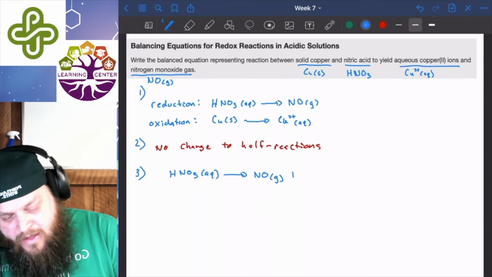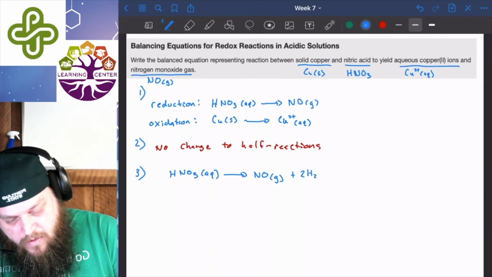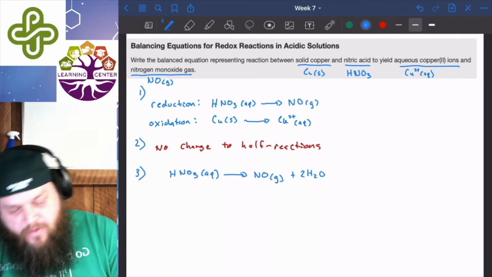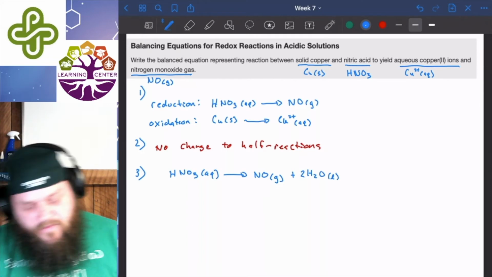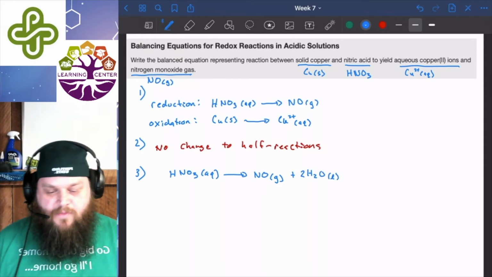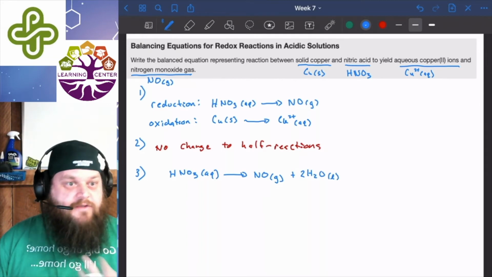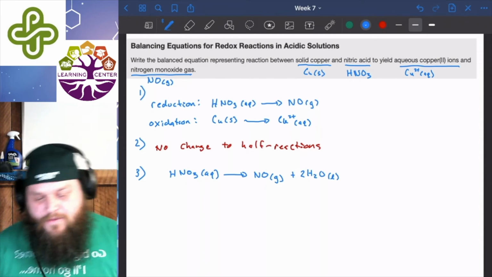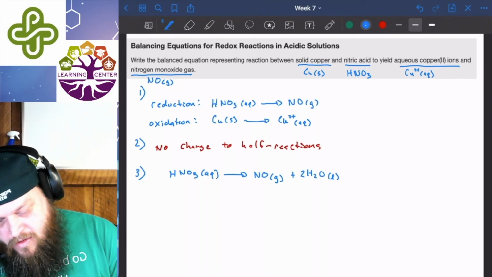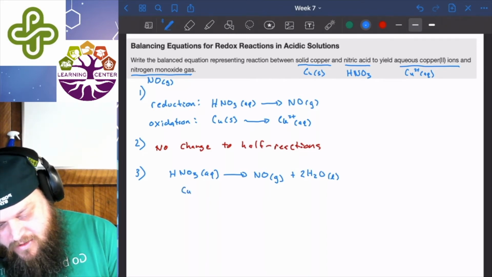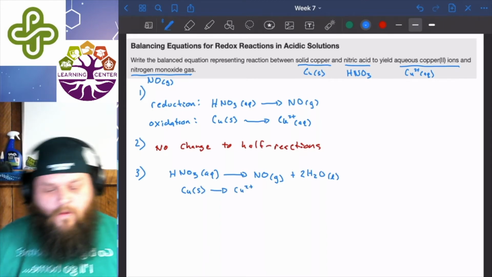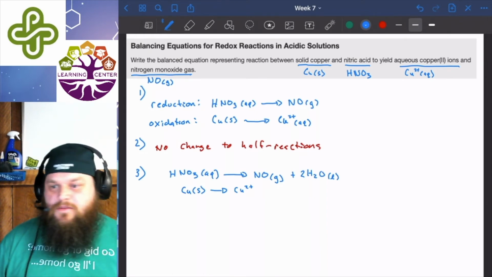So we can add to that 2 H2O. By adding that 2 H2O, which is going to be a liquid, of course, now our oxygens are balanced. We're ignoring the idea of the hydrogens being unbalanced. We're going to deal with that in the next step. But at this point, our oxygens are balanced. Looking at the oxidation, Cu solid, that's already basically completely balanced. We don't need to add anything to that for oxygens or hydrogens.